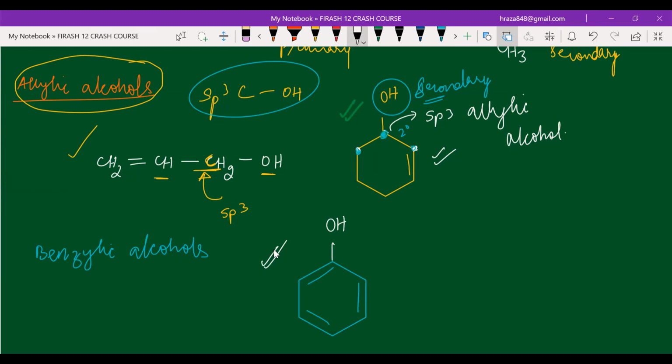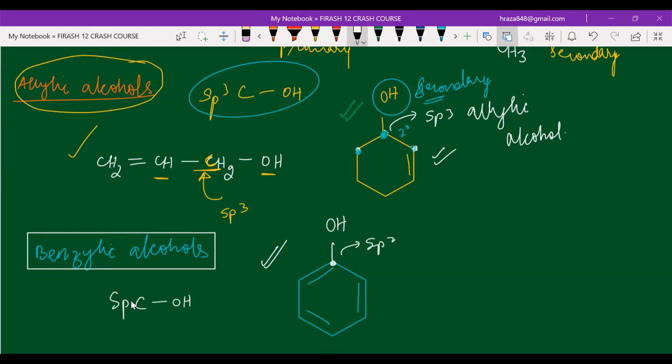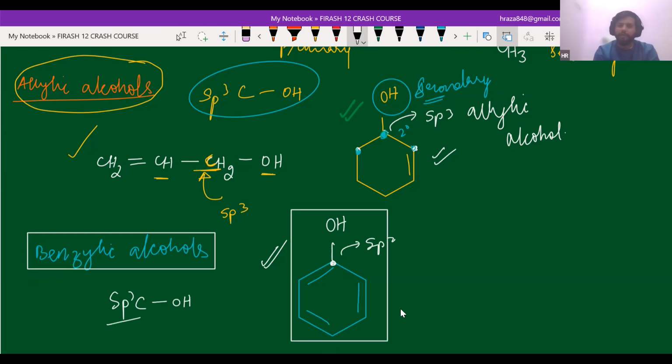No, it's not. Did you check the hybridization of the carbon to which it is connected? sp2. So will it be benzylic alcohol? The carbon it is connected to should be sp3, and it is sp2, so it is not benzylic alcohol.